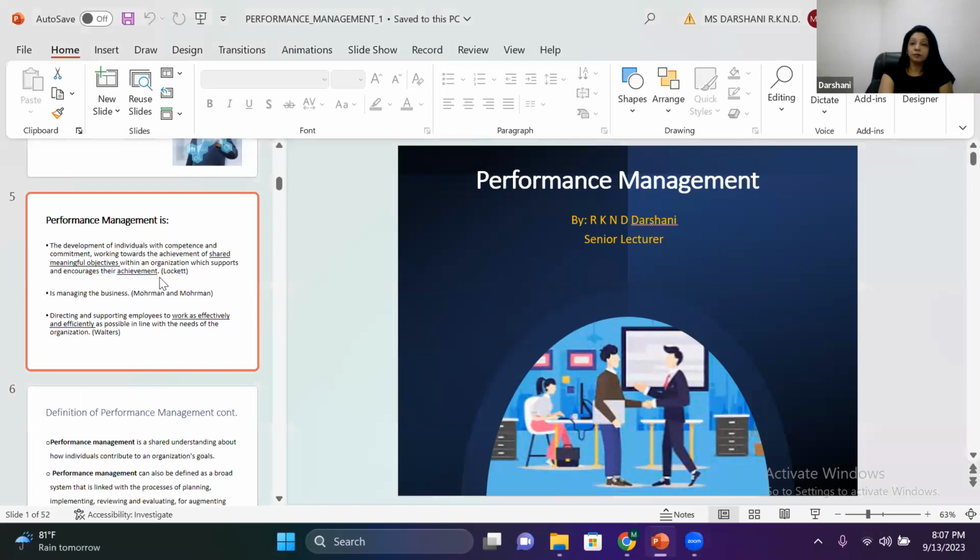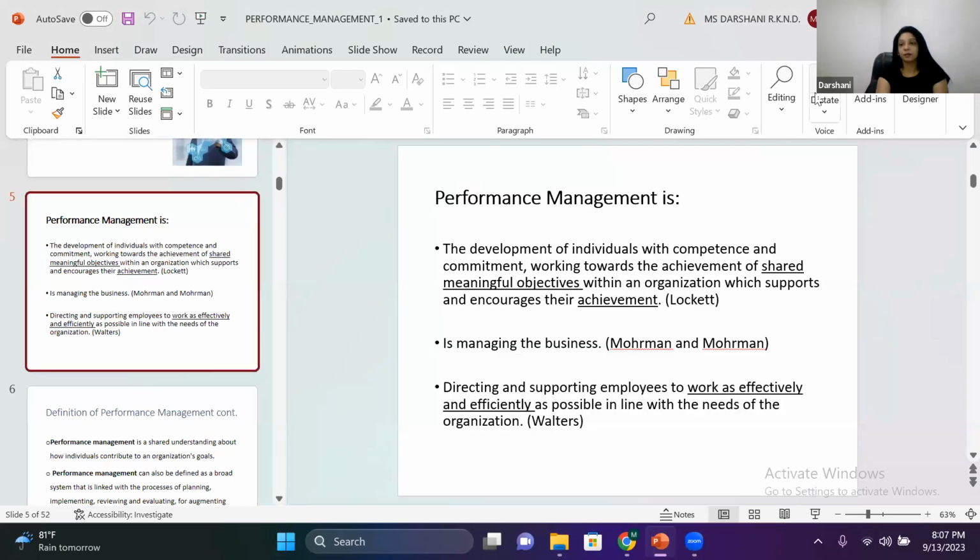So when it comes to performance management, I told you that this definition is quite important. I told you last week also, you can make up your own definition with some elements.